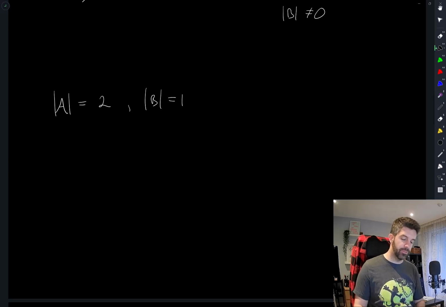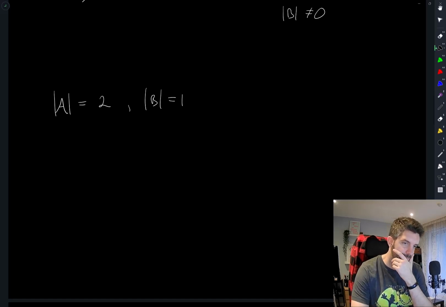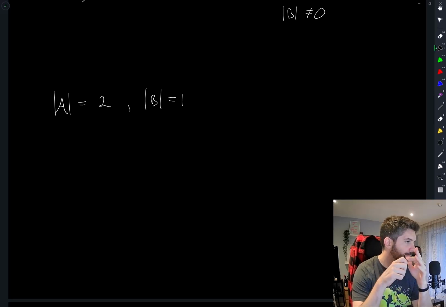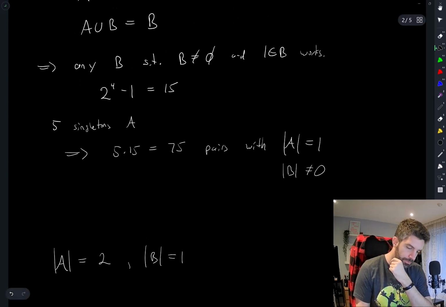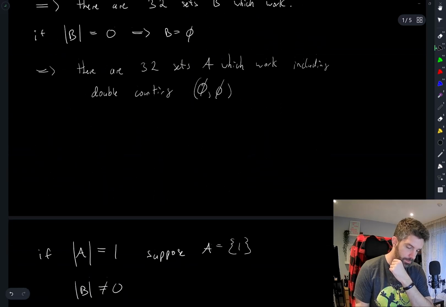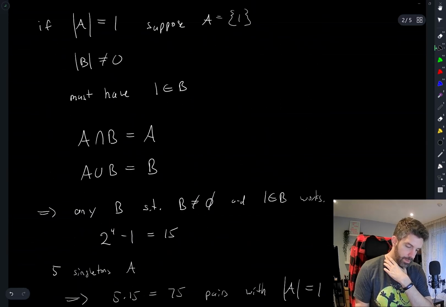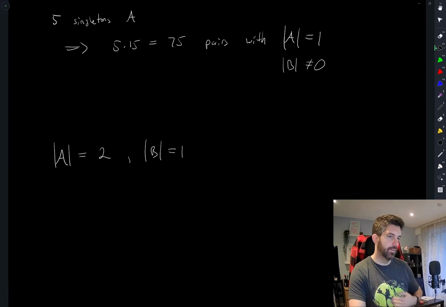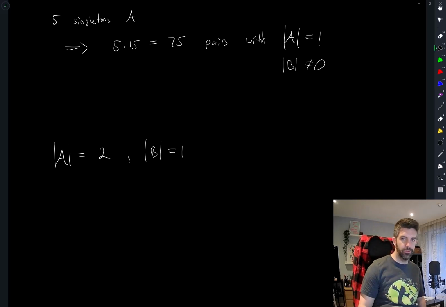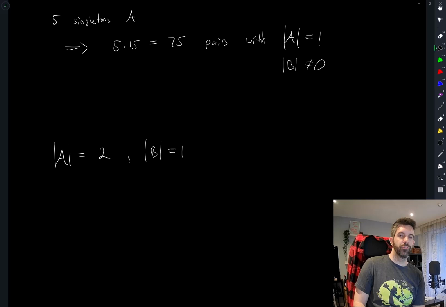Then we need B to be a subset of A. So far, just about everything I've thought of has one set that is a subset of the other. So maybe what I should do is figure out whether this equation can ever hold where one is not a subset of the other.